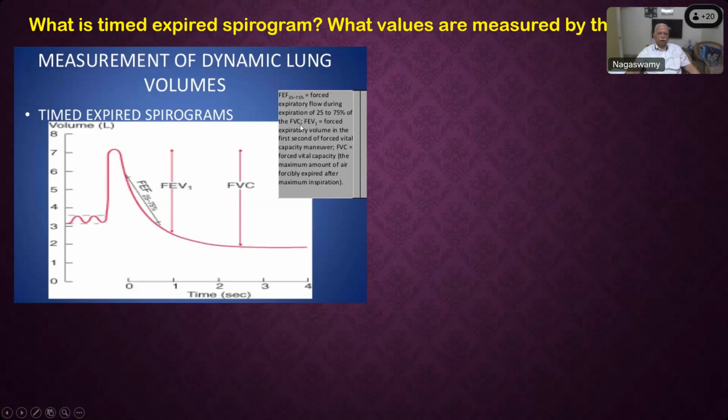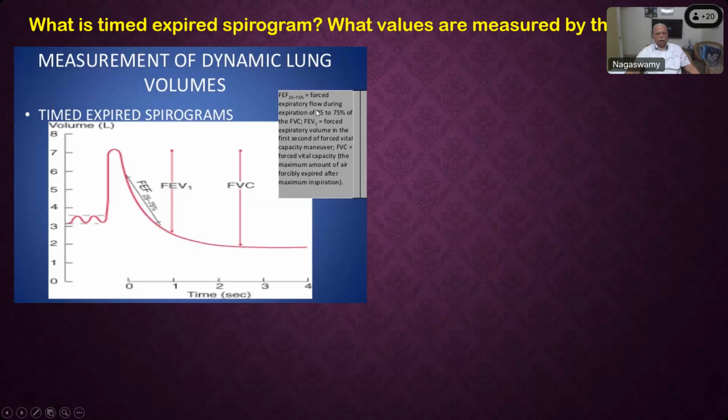So when you breathe out, you have to breathe out all your vital capacity. That is why it's called forced vital capacity. You make a special effort to expel the air from your lungs. But in the first 1 second itself, you will be expelling most of the air.